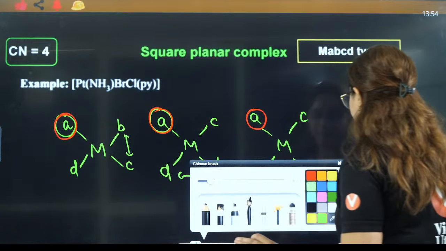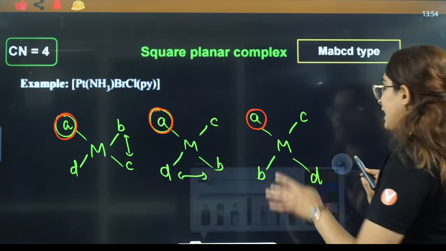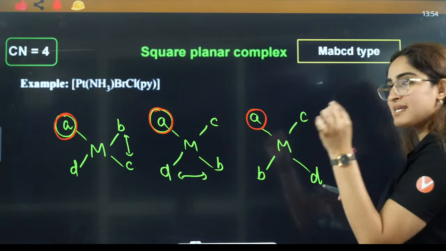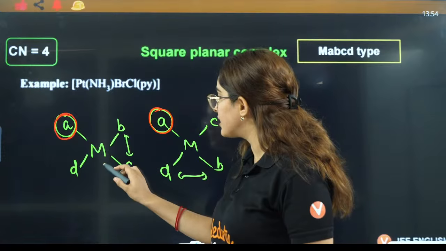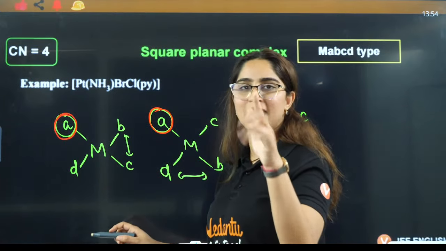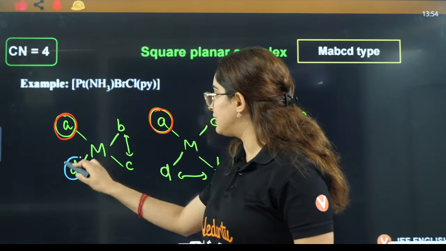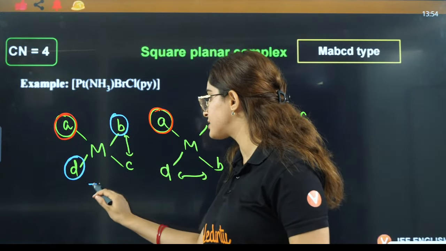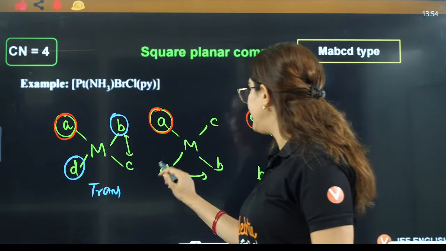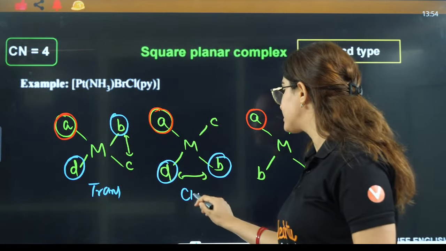Now what will happen here? A is already fixed. B, C, D, you are exchanging. Now if I take any two things that are same, let's say D and B are the same. D and B are opposite to each other, that is trans. D and B are next to each other, that is cis.